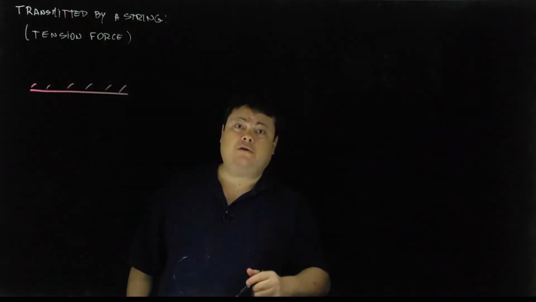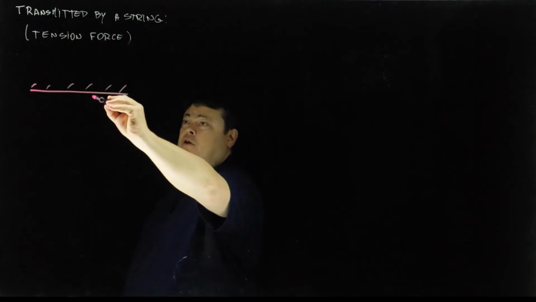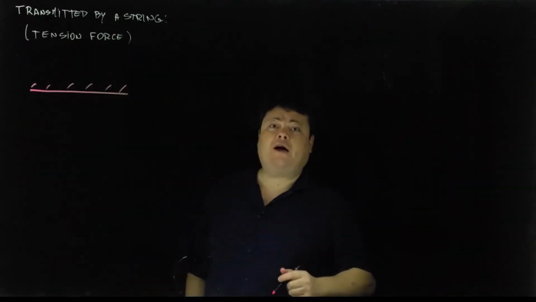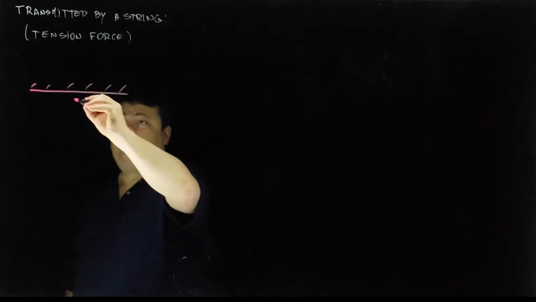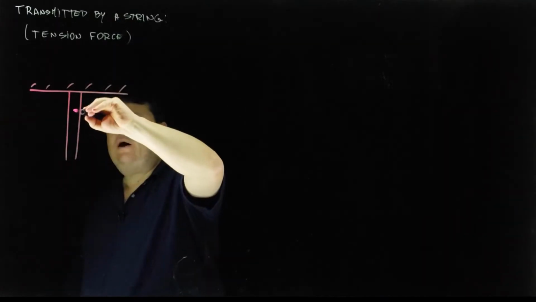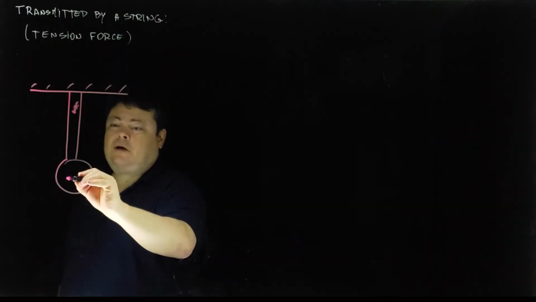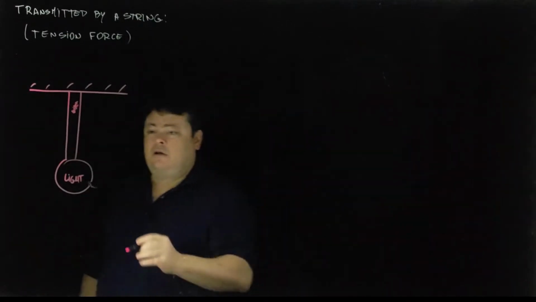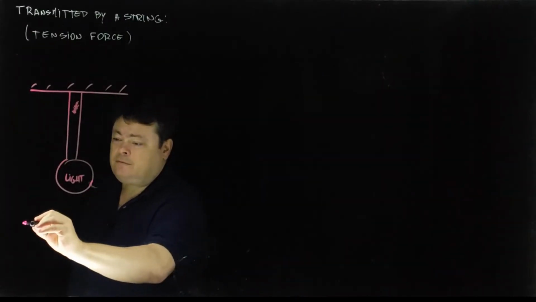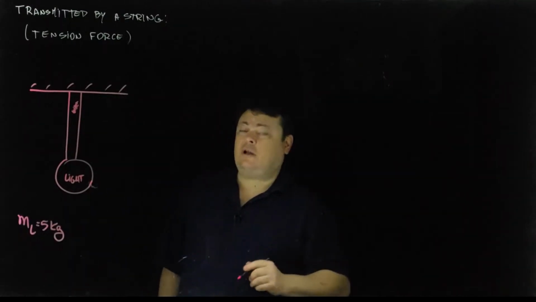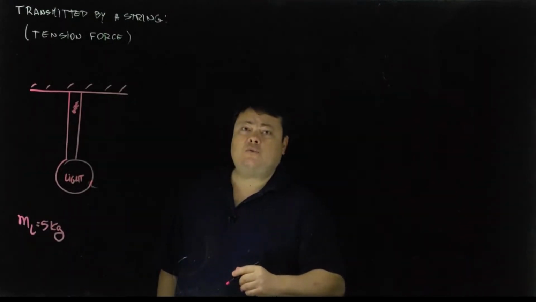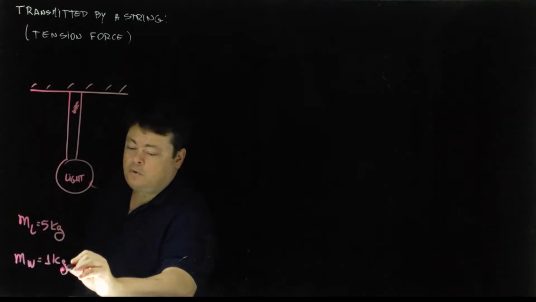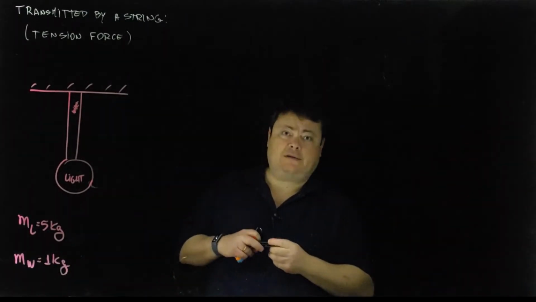We have two choices. We can put the light fixtures way up here and use very powerful light bulbs, or we can hang them by a wire, and then this is my light fixture. In my example here, let's say that I want to hang a 5 kilogram light fixture and that we use a wire with 1 kilogram of mass.